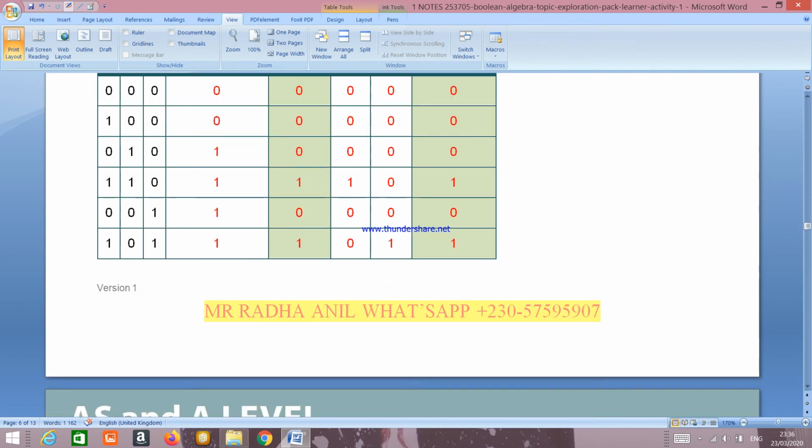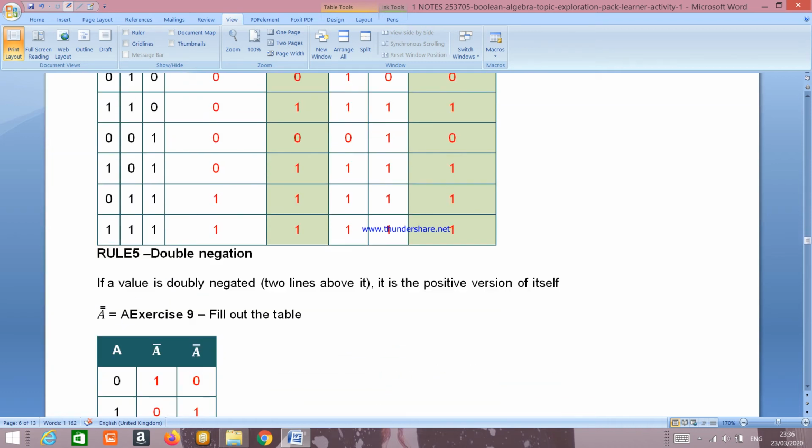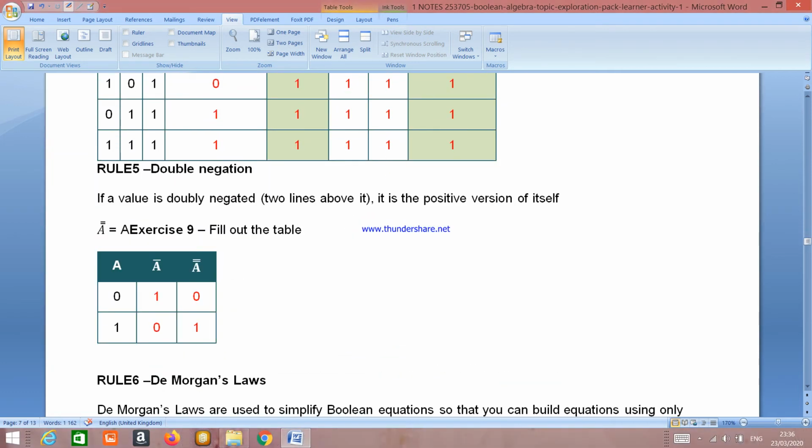Okay, we are done with this, already proved. Double negation, we are done. Maybe we should put a dash again. Double negation is the same thing as A.